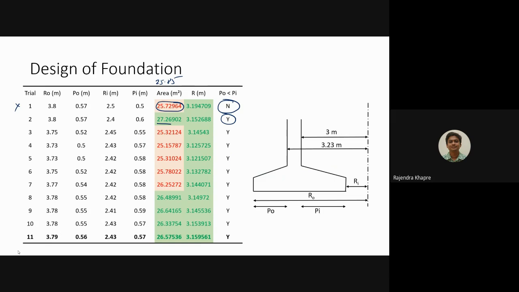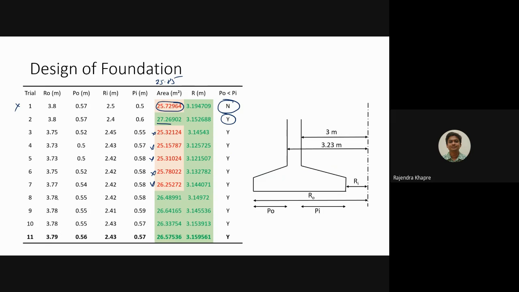So accordingly you have to keep on changing the projections, inner radius, outer radius, everything. At the end, let us say I have gone through so many cycles. Sometimes the area is not sufficient, sometimes the area is sufficient.